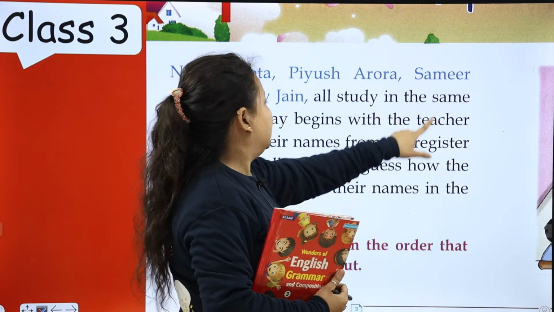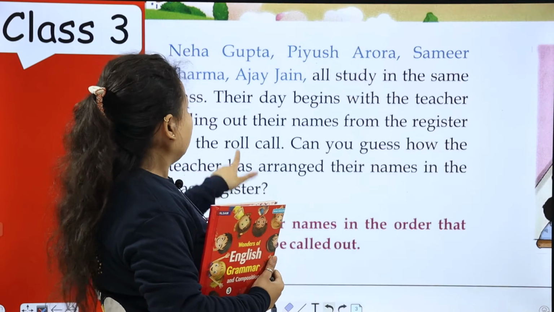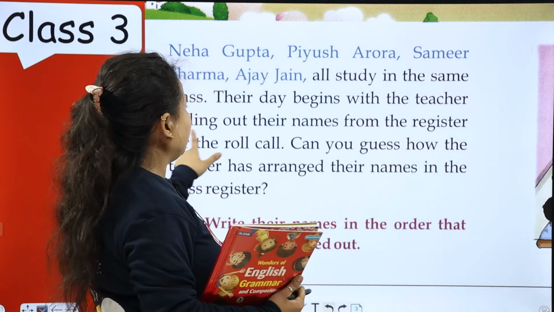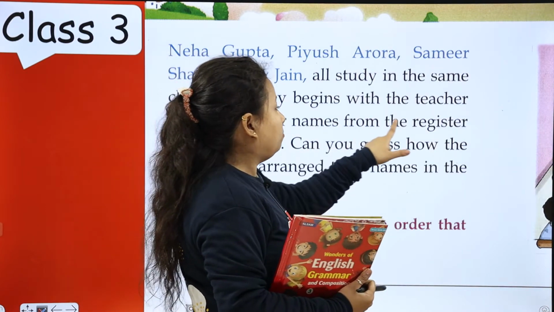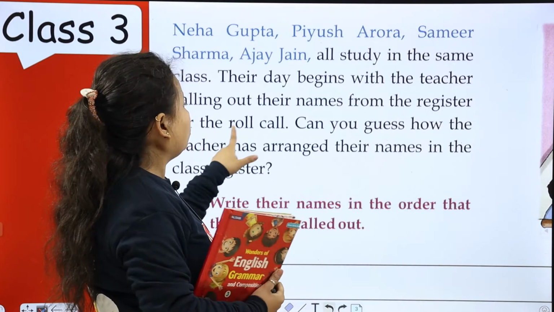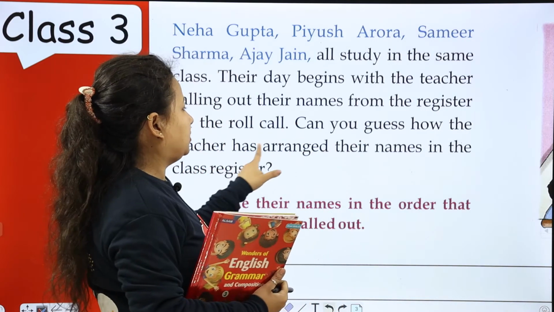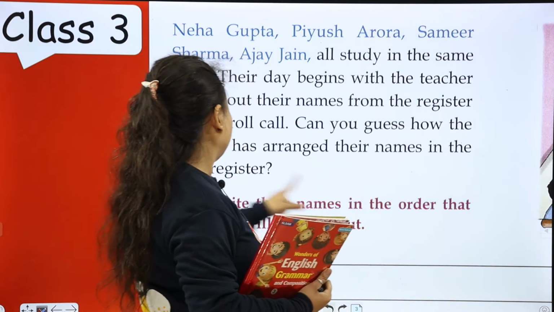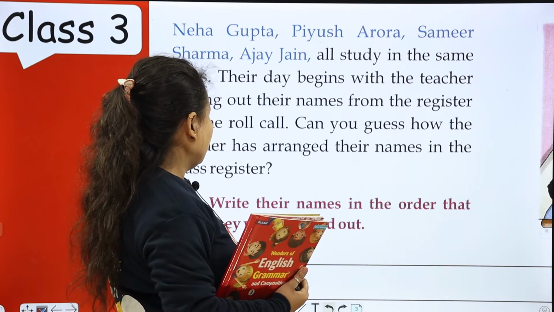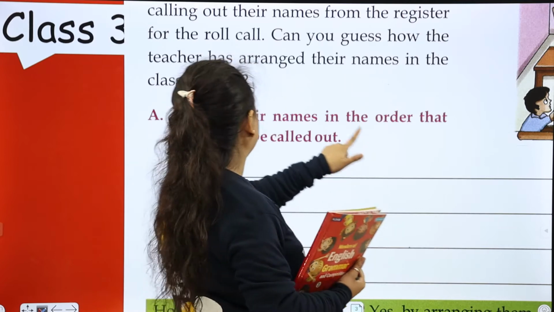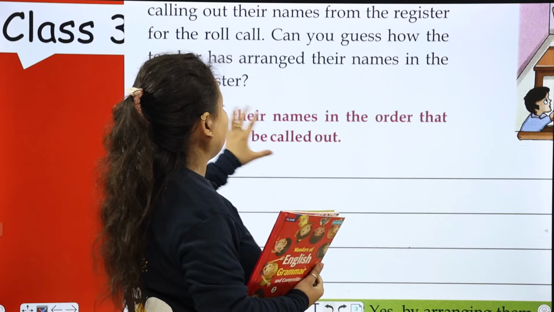All study in the same class. Their day begins with the teacher calling out their names from the register for the roll call. Can you guess how the teacher has arranged their names in the class register? So, write their names in the order that they will be called out.